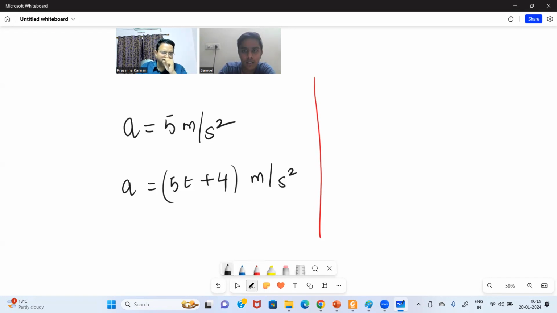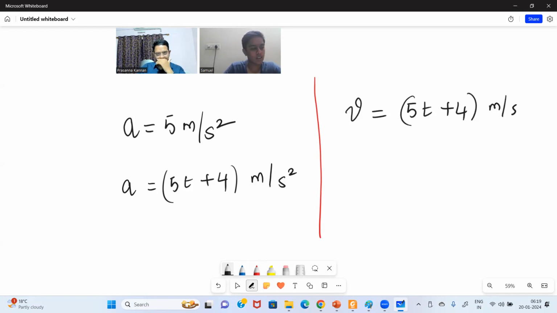Now you can think of an answer. Non-uniform motion. Non-uniform motion is correct. Good. Next.